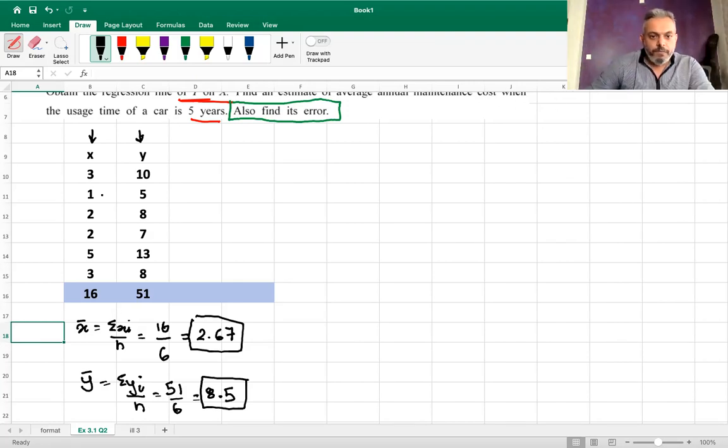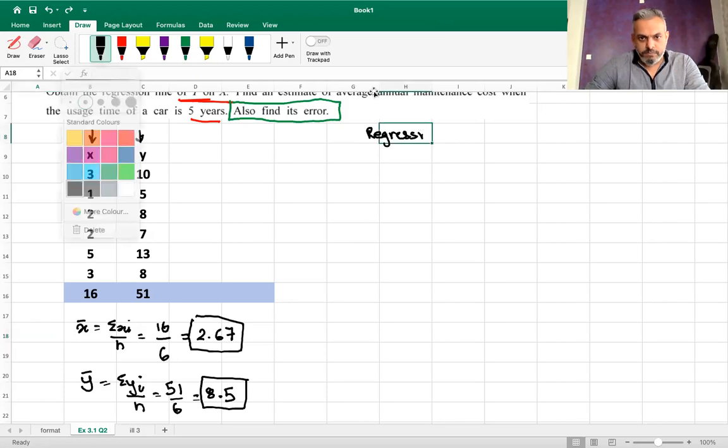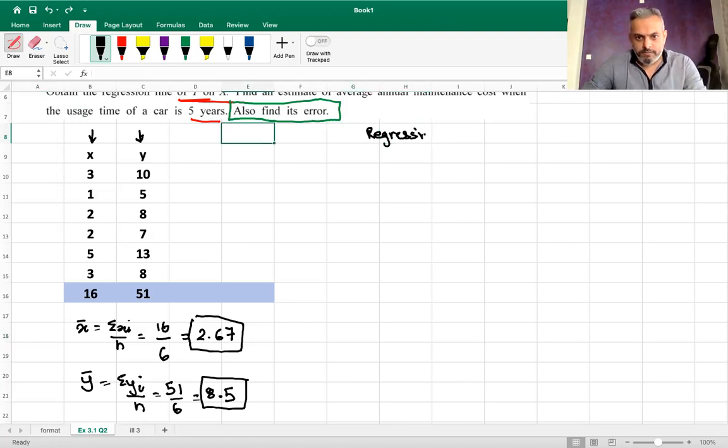Now first let me write the regression line of y on x: y cap is equal to a plus bx.